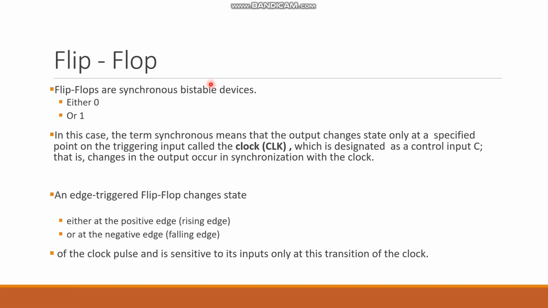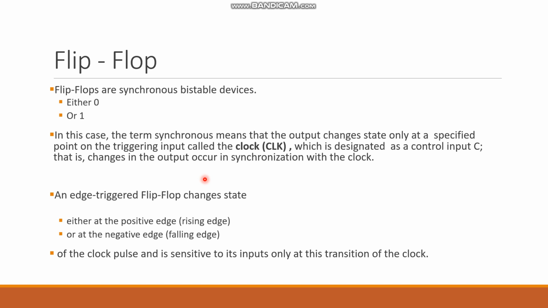When you say bistable, that means they can have only 0 or 1 at any given time. And the term synchronous means that before the flip-flops, which are sequential logic circuits, we had combinational logic circuits like the logic gates, and we had multiplexers, decoders, encoders.